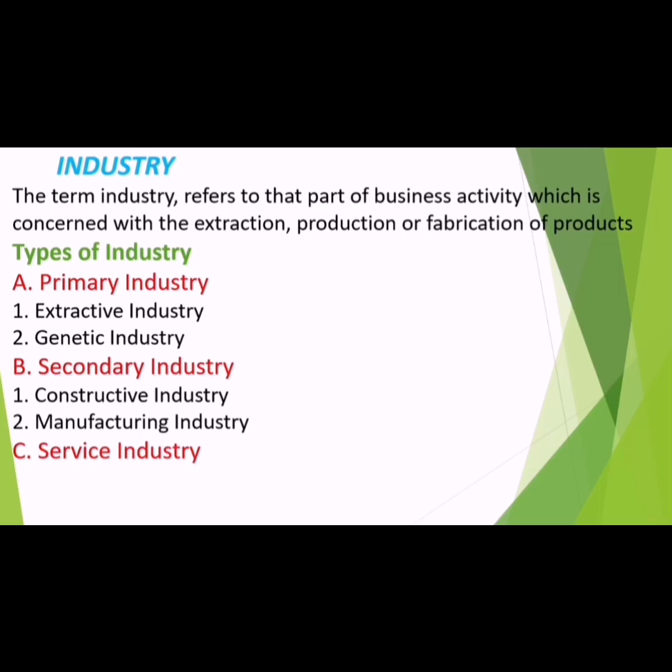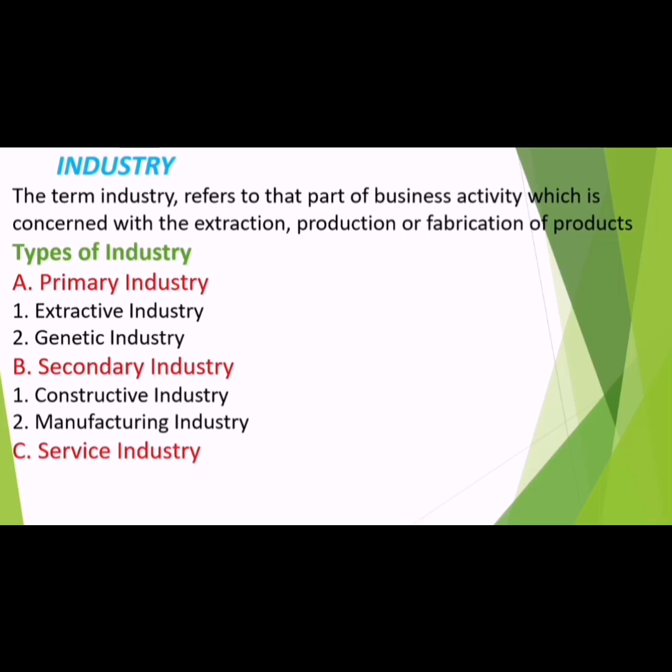Three main types of industries are, very first, primary industry, secondary industry and service industry. Now all these three types have further classifications, as you can see on your screen. Primary industry is divided into extractive industry as well as genetic industry, and secondary industry is divided into constructive industry and manufacturing industry.